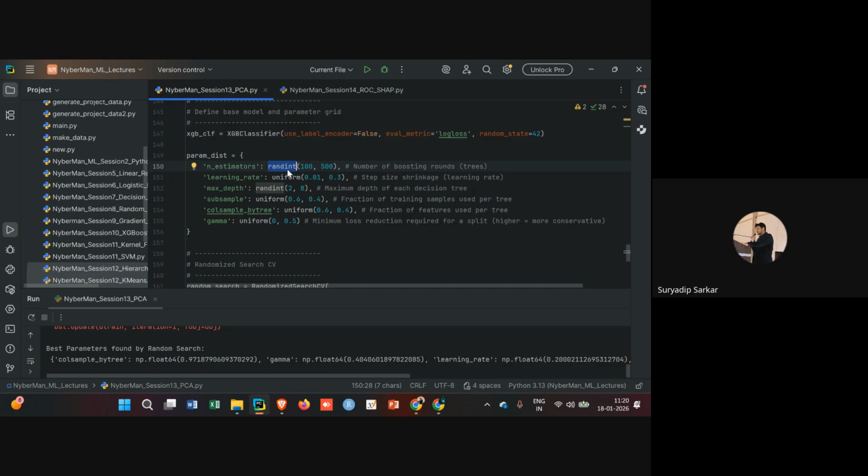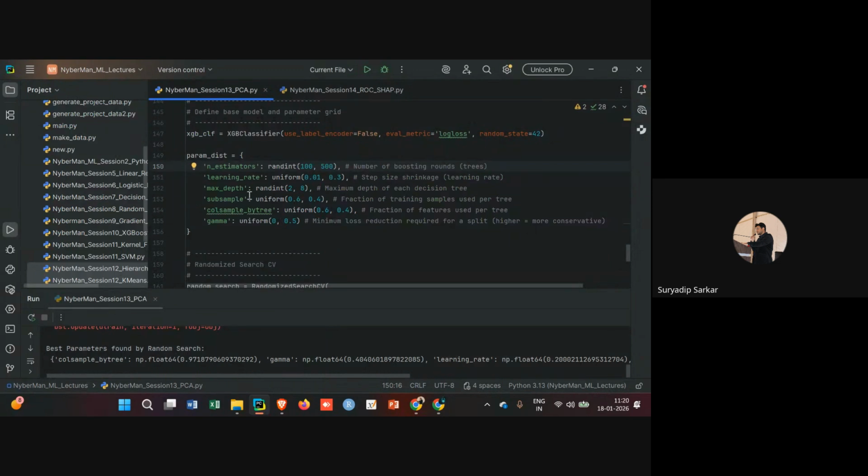So randint will randomly choose integers between 100 and 500 to test for n_estimators. Earlier, if you remember, we did 100, 200, 300, 400, 500 like that. Here I am randomly choosing.